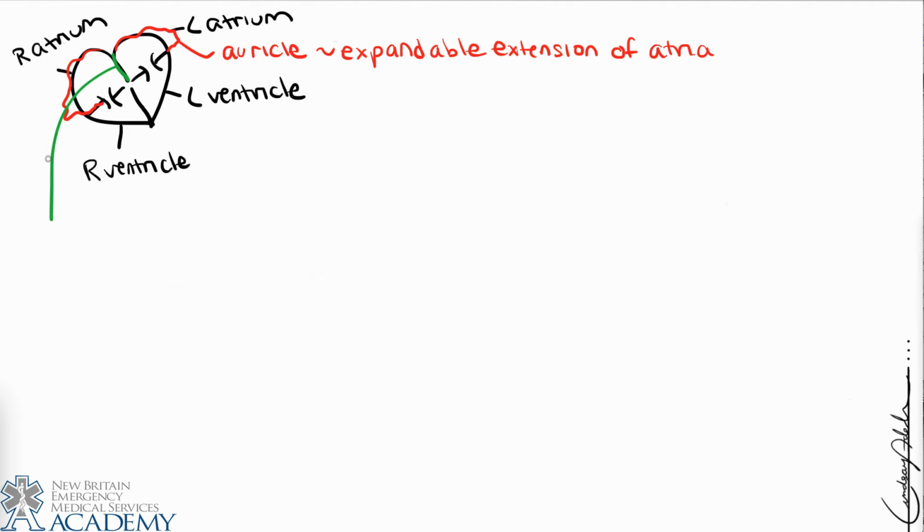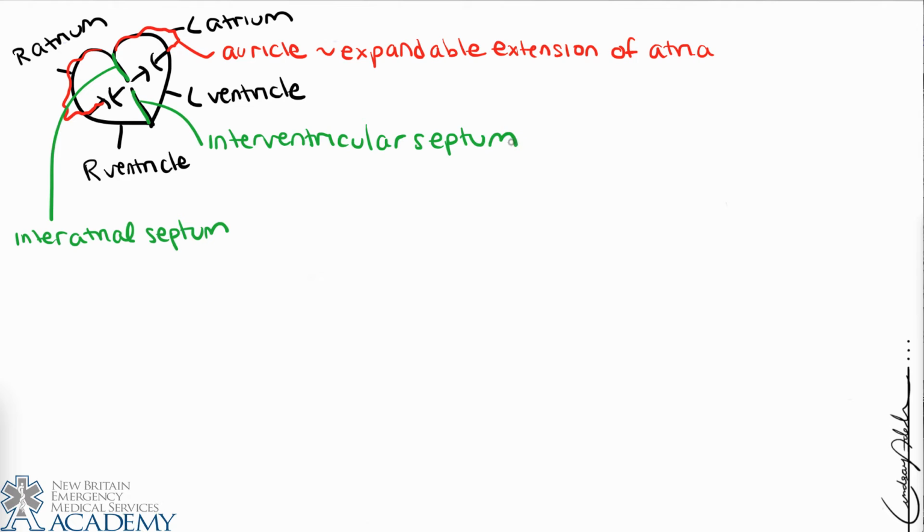Second thing I want to mention is the separation between the 2 atria, and that separation is referred to as the interatrial septum. The separation between the ventricles is called the interventricular septum, and both of those structures are basically muscular partitions, so just muscle that separates the chambers between the right side and the left side of the heart.